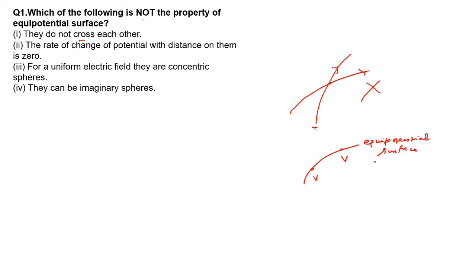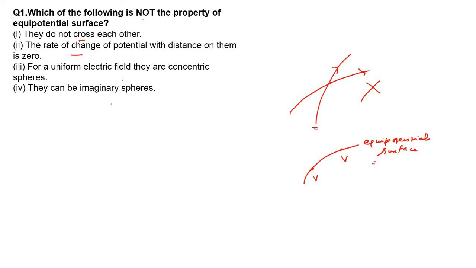This is by definition. What is an equipotential surface? An equipotential surface is one such that all points on that surface have same potentials. So there is no change of potential, hence there is no rate of change of potential. So this is also the property of equipotential surface.